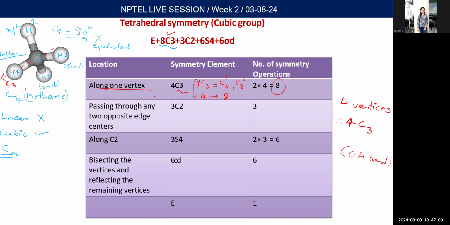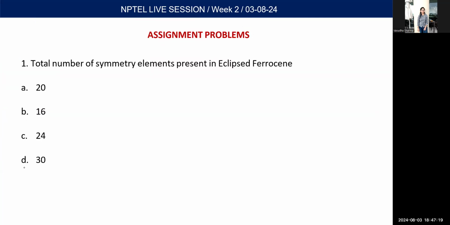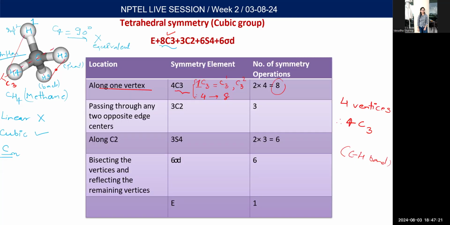Okay. Now moving ahead, we need to find out whether any other axis is present. We found that besides the C3, we have C2s also. How are the C2s there? If this is an edge comprising of this one, and this is an edge, and we pass the axis between the two opposite edge centers, that would form your C2.